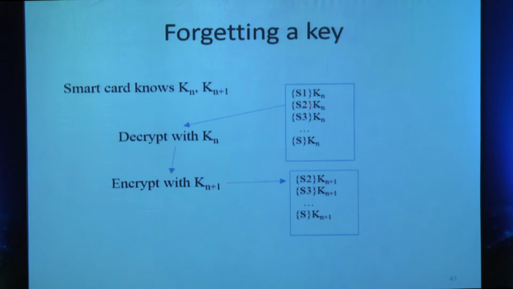So it has all of these secrets, 10,000 private keys, and it reads them all in encrypted with K sub n. It decrypts each with K sub n, re-encrypts it with the next key, K sub n plus 1, and stores it out there, all except for the one it would like to delete. So every day it goes through these and gets rid of the ones it doesn't want, and then once it forgets K sub n, the key it wanted to forget is completely gone.